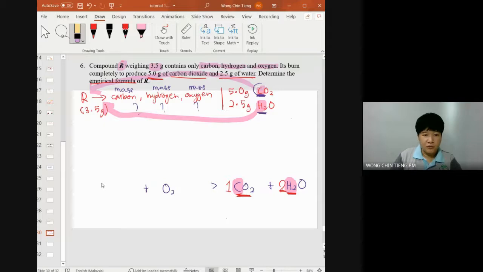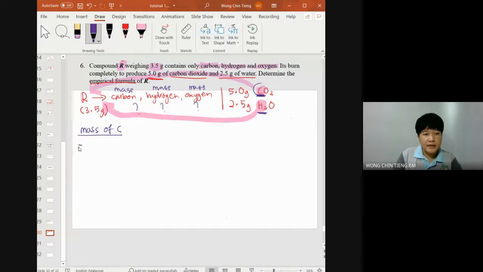Okay? So, going to calculate the mass of carbon and the mass of hydrogen. Formula, ataupun tulis dulu mass of carbon. I'm going to calculate mass of carbon. Formula adalah 12 bahagi 44 darab mass of carbon dioxide. Explain a bit kenapa 12 bahagi 44.